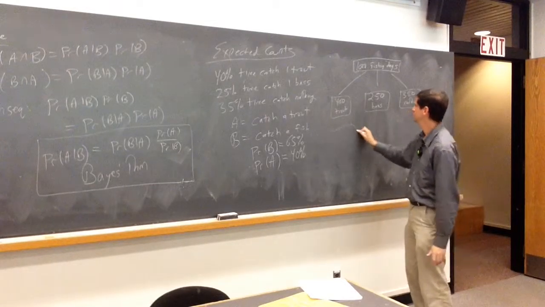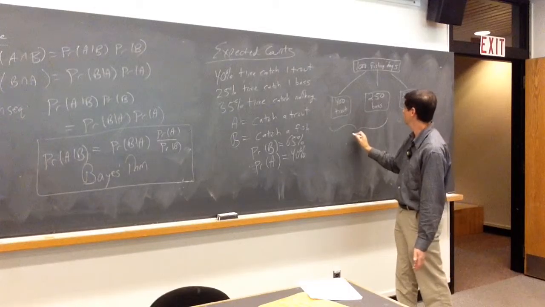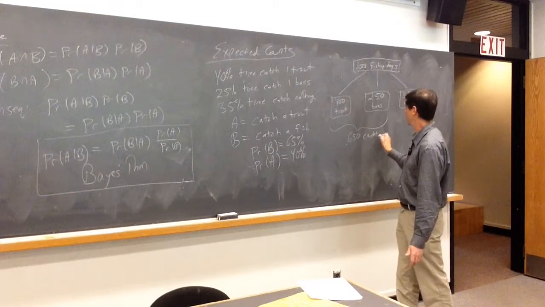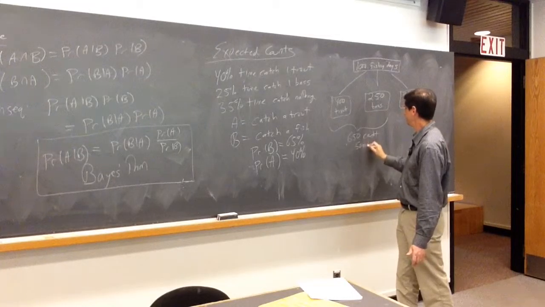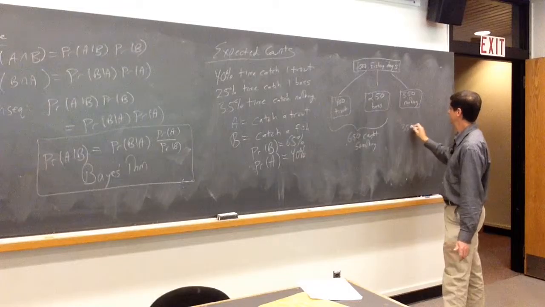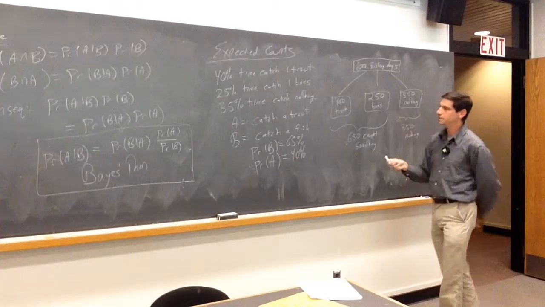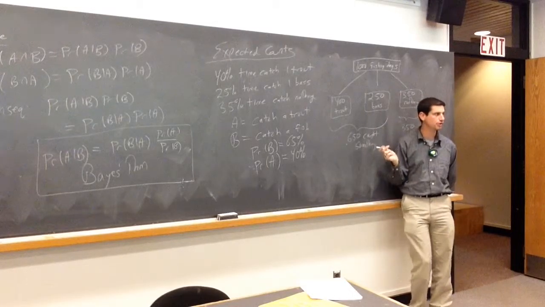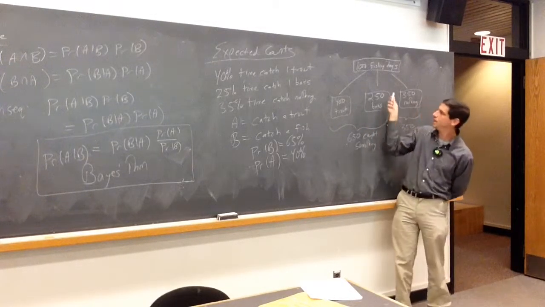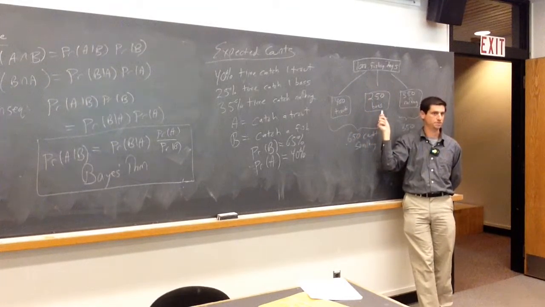So if we now look, these are the days where we catch a fish. So 650 caught something. And then 350, nothing. And so now if I ask you, what's the probability we caught a trout given that we caught a fish, we now restrict our attention to these two boxes.